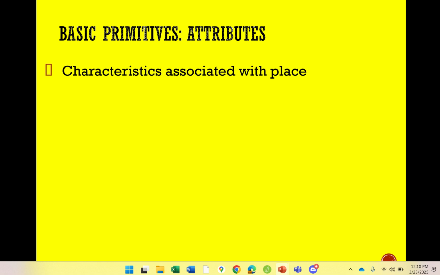So other than the place, then we have the characteristic of the place called the attribute. With each of these geographic locations in geographic information systems, our data also has an attribute associated with that place. In this week's lab, we're looking at the Nepal data, right? And we looked at all the polygons.